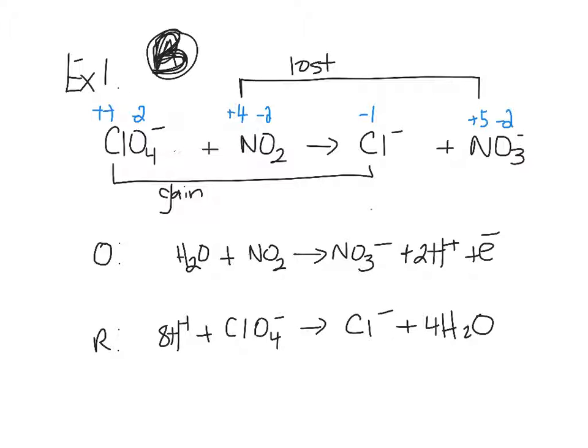And now we have to balance for charge. Well, we've got protons on this side, so we can't add any more. This is a total charge of -1. This has a charge of -1.